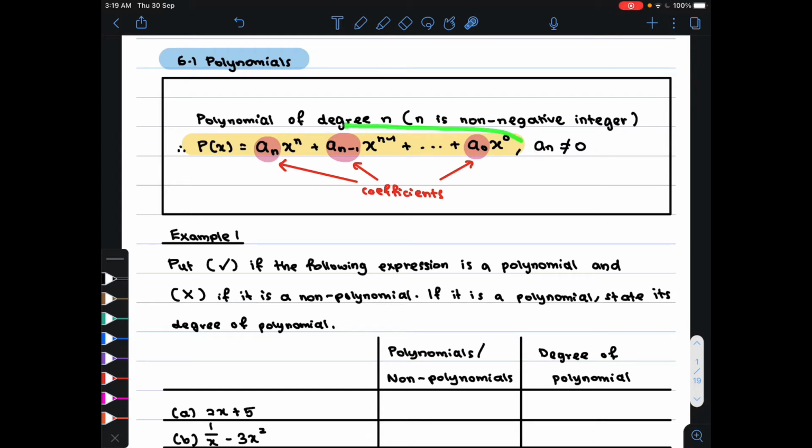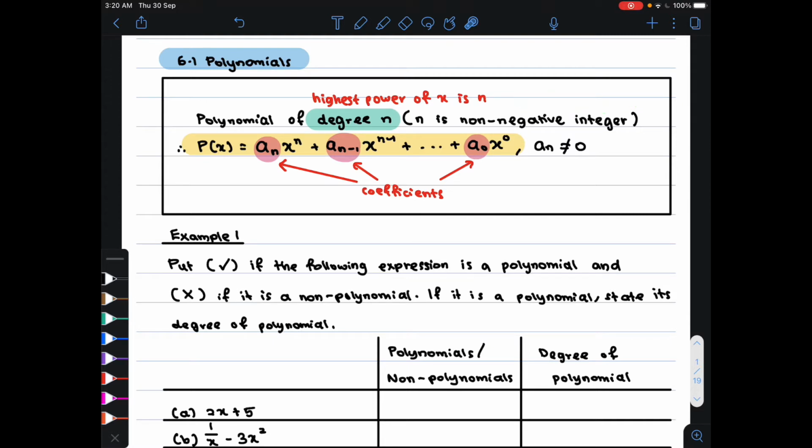So if you look at this expression, the highest power of x is x to the power of n. Therefore, this is a polynomial of degree n, where n is a non-negative integer. So what is a non-negative integer? It means that n starts from 0, 1, 2, until infinity.